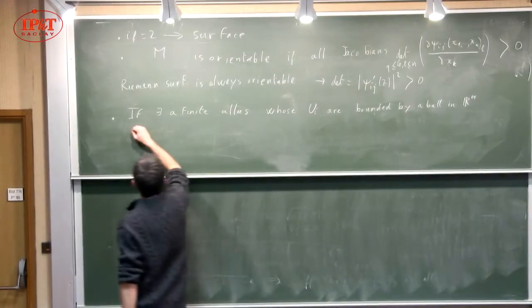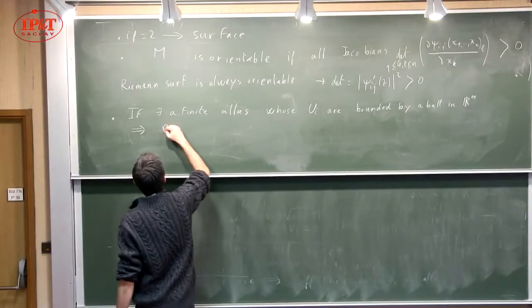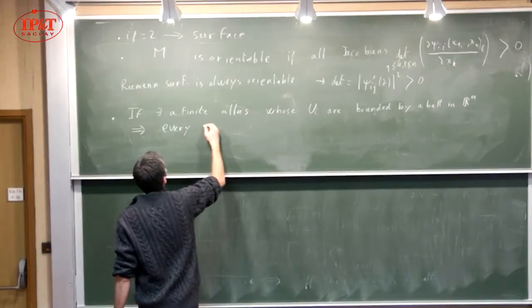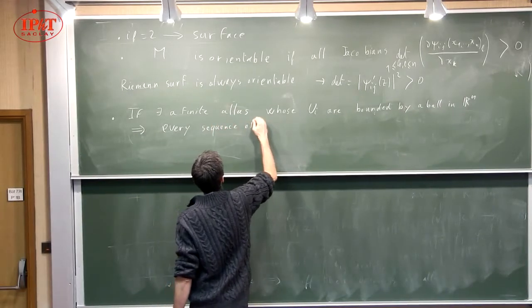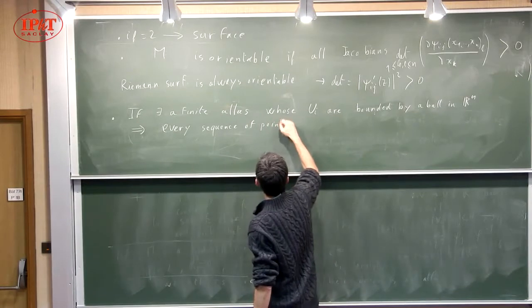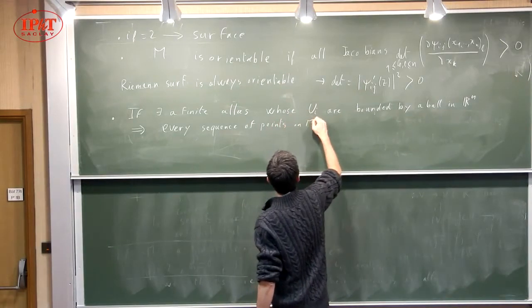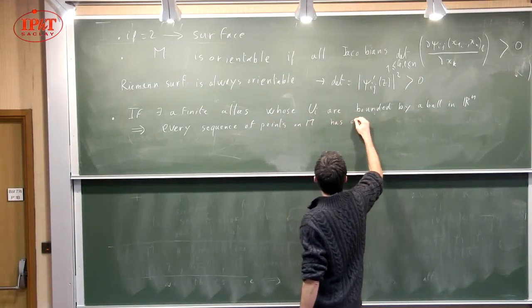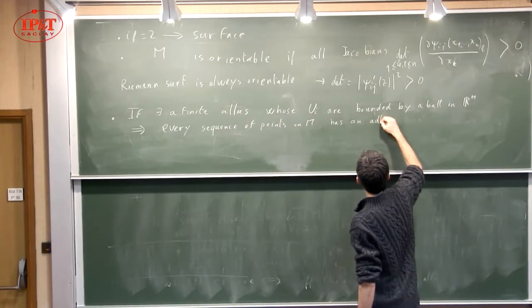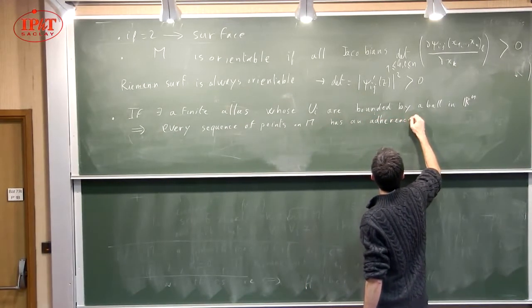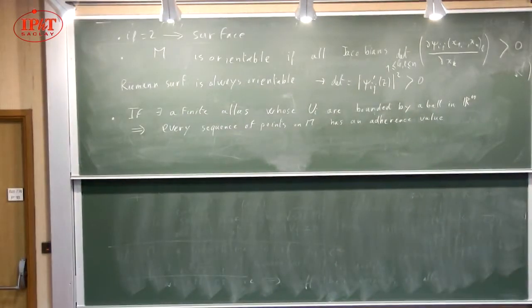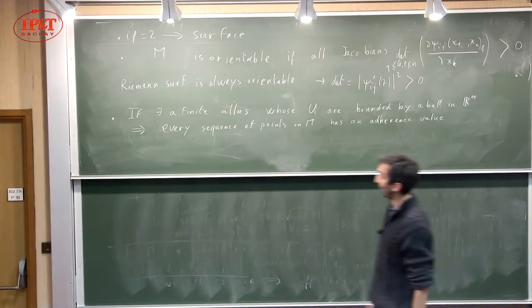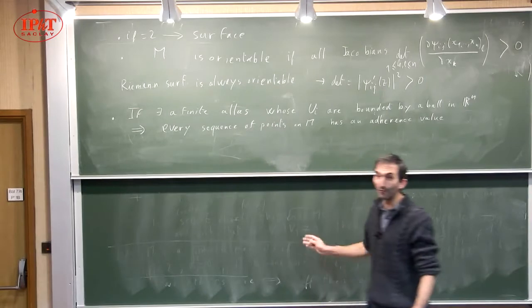And it implies that every sequence of points on M has an adherence value, so basically in every sequence there is a subsequence that is convergent. And yes, it's very convenient.